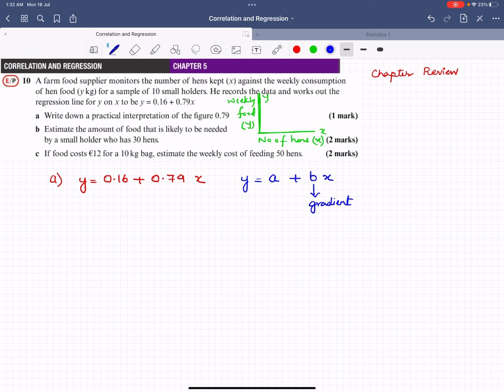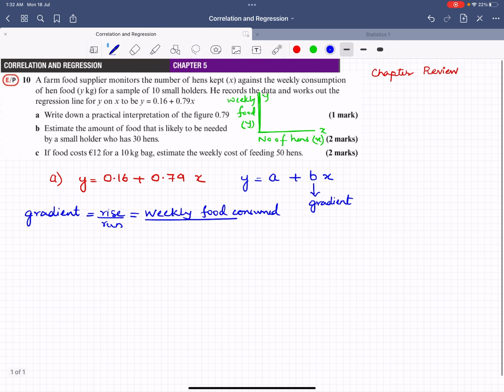So, gradient is equal to rise over the run. So here for the rise we have weekly food consumption. So this is the weekly food consumed by hens.